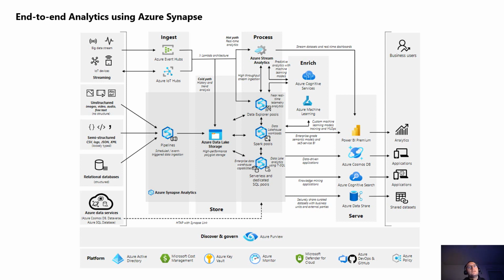Then to process data for batch or micro-batch pipelines, use either the data flow, SQL serverless query, or a Spark notebook to validate, transform, and move your dataset into the curated layer in your data lake.